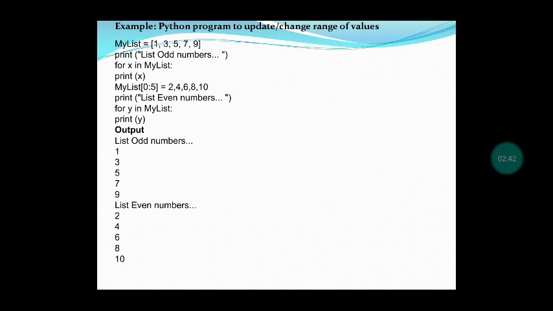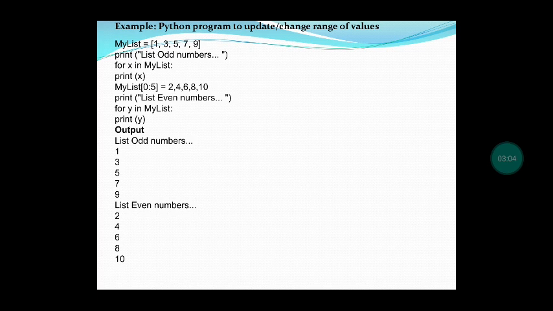In this example, we are changing the odd numbers into even numbers. First we have given my list equal to 1, 3, 5, 7, 9. And by using the for loop, we are printing the odd numbers. Next, we are changing the range of values by using the index position.